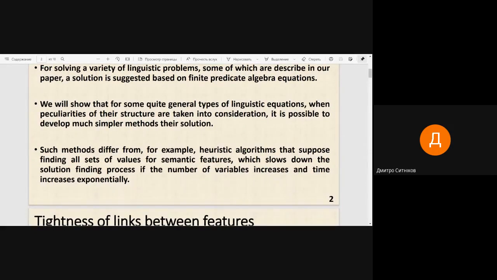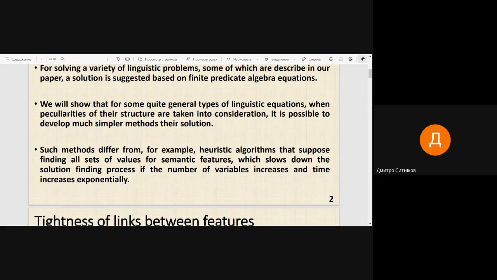For solving a variety of linguistic problems, some of which are described in our paper, a solution is suggested based on finite predicate algebra equations. We'll show that for some quite general types of linguistic equations, when peculiarities of their structure are taken into consideration, it is possible to develop much simpler methods for their solution.